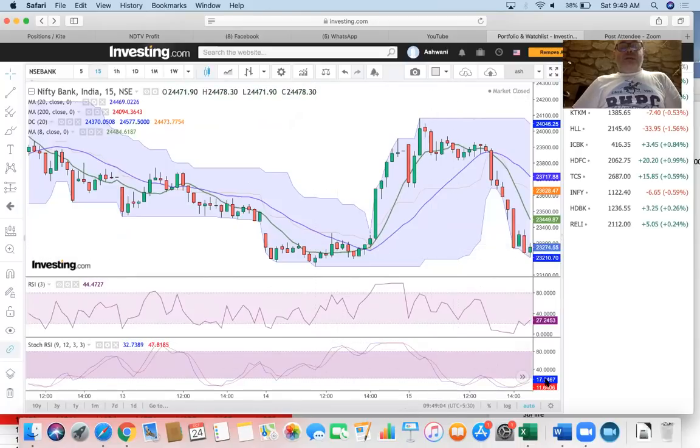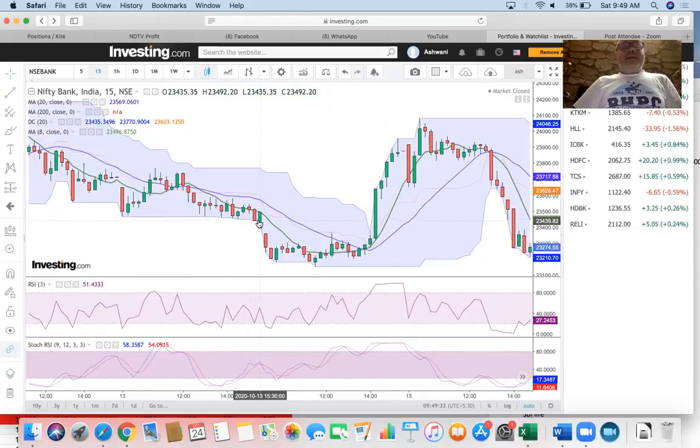Now on the 15th, we rejected, I think, the low of the previous session. This was the day before the 300-point down move. This is your low and the close, which are about the same.